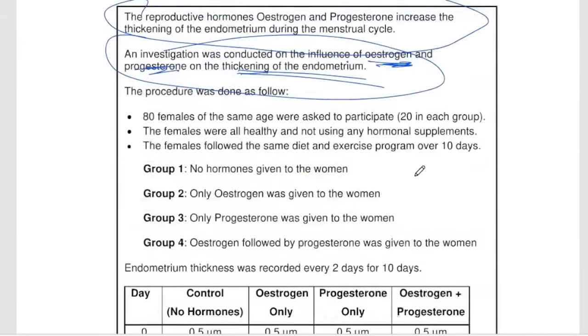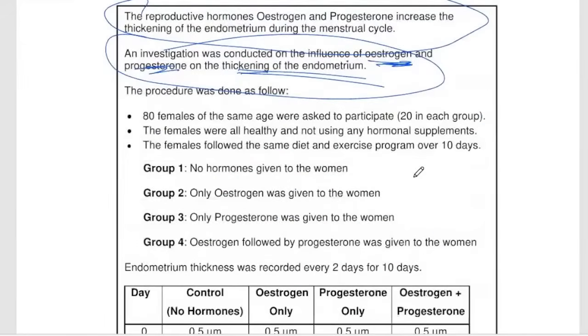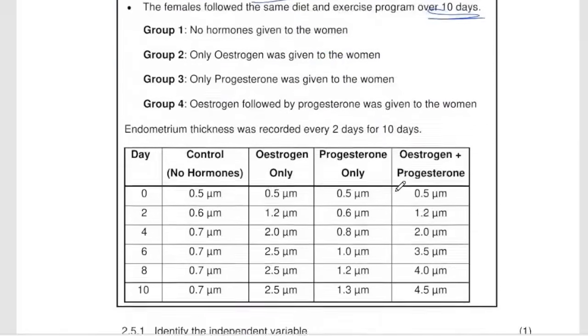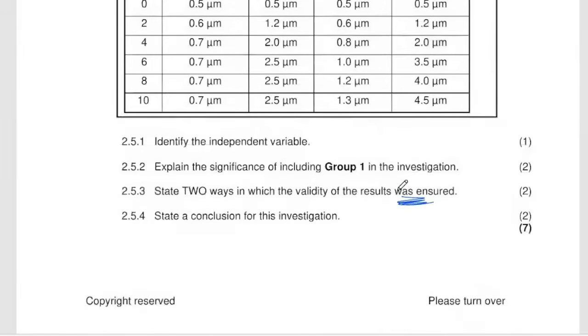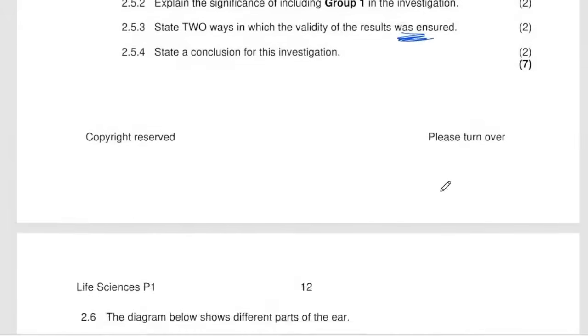If you look at it, we will see that they used the same number of people, same period of time, same individuals, same diet. That is what makes you know that it is validity. So they used the same diet, the same exercise, the same period, the same healthy individuals.